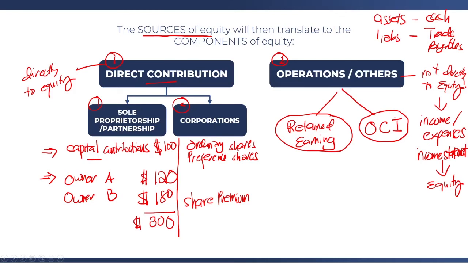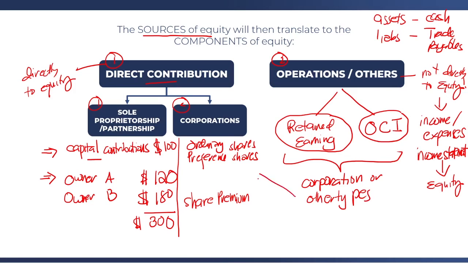Both of these are applicable whether it's a corporation or other types. Unlike the one in the first example, which is the direct contribution. It is a little bit complicated to discuss equity without touching the double entry bookkeeping system, but I hope I have described it sufficiently. Of course, you can revisit this video anytime, once we are done discussing the double entry bookkeeping system in the future.